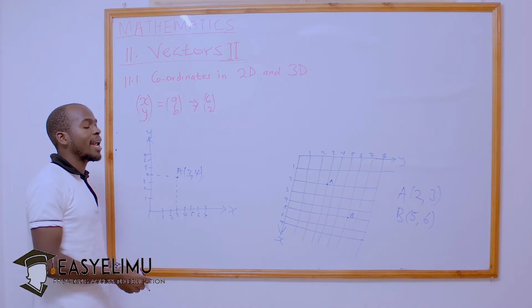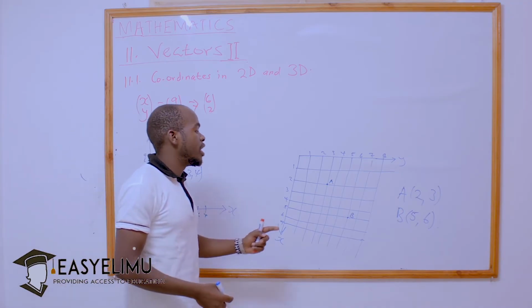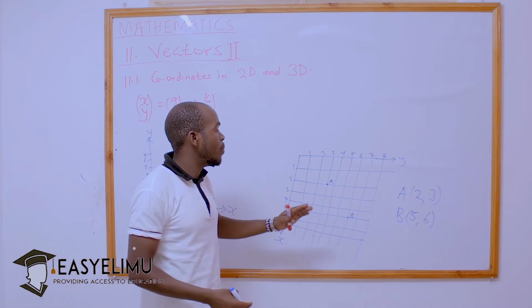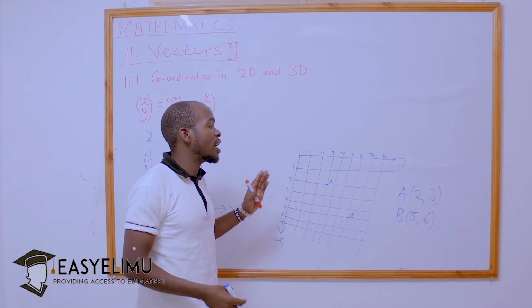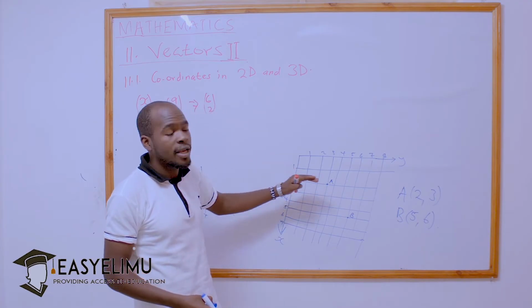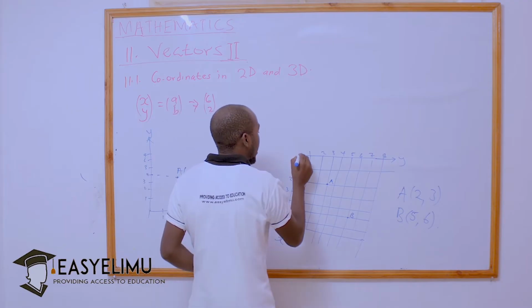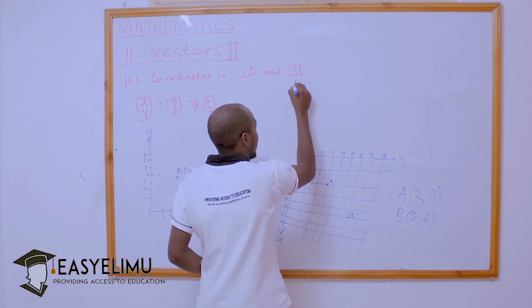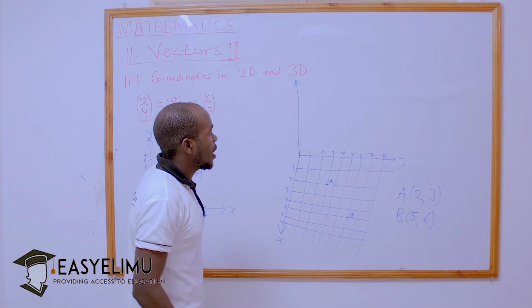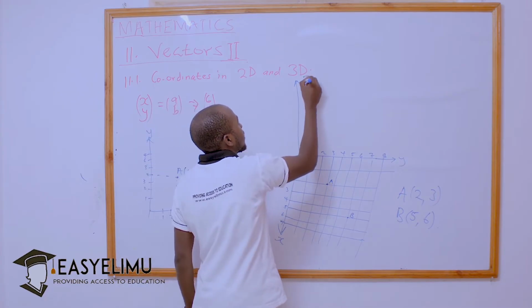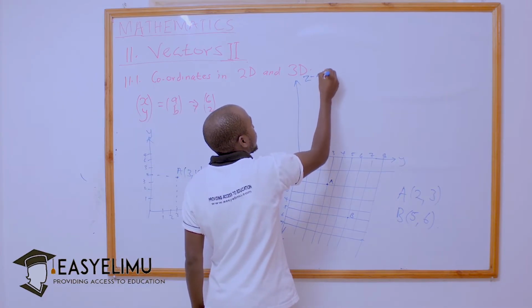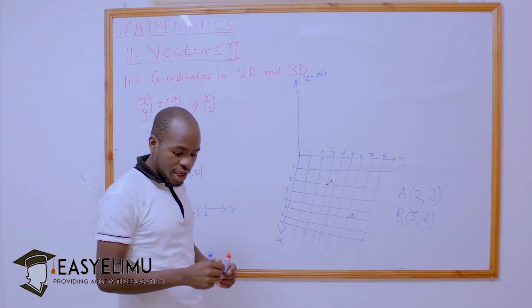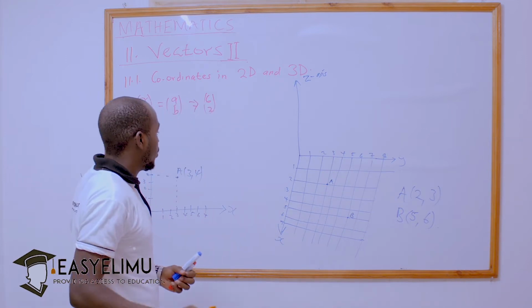But if we introduce another axis, such that another coordinate may be in this position but is not on the xy plane, then we need to introduce another axis called the z-axis. Let me redraw it to make it more visible.